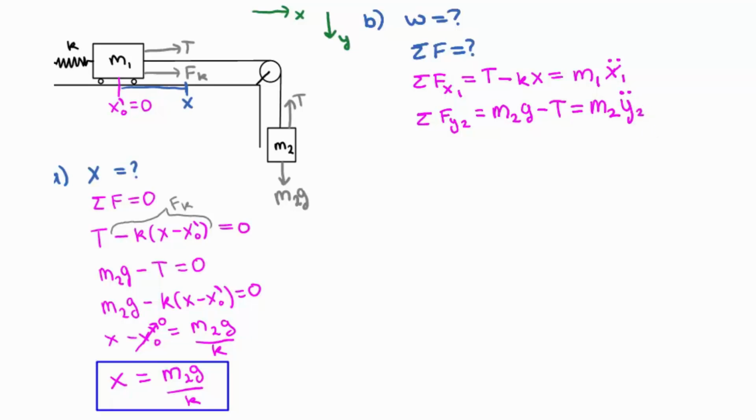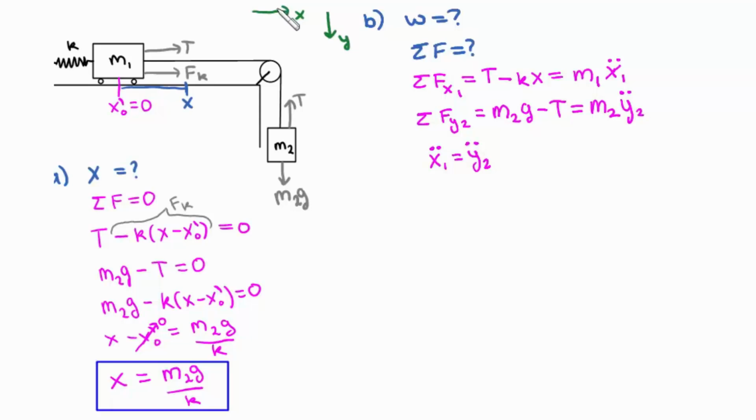Now, because the distance between every single point on the rope is constant, our rope isn't changing length, that means that the two bodies move together. m1 and m2 move at the same rate, which means that they accelerate at the same rate. So we can write x1 double dot is equal to y2 double dot.